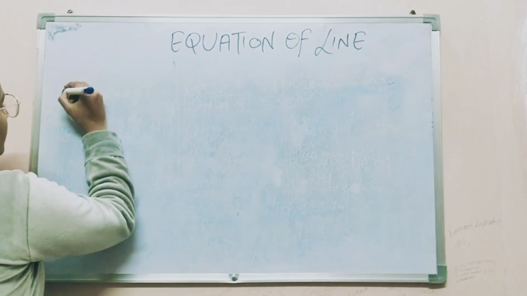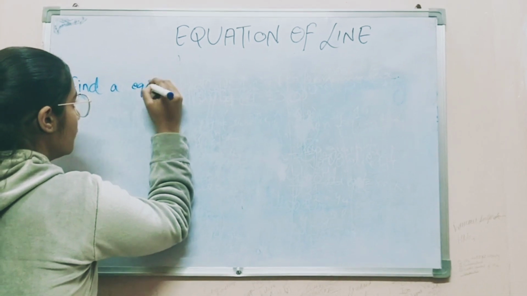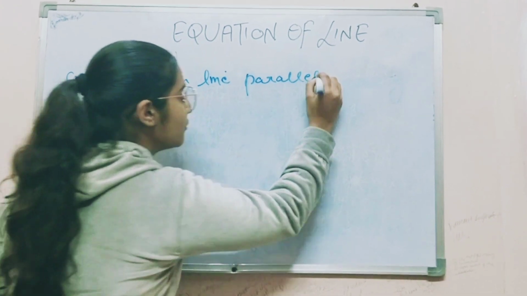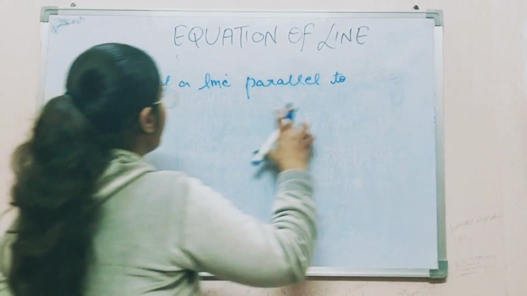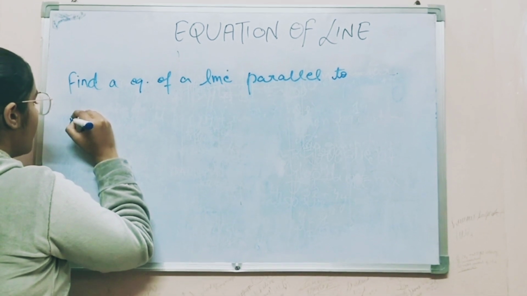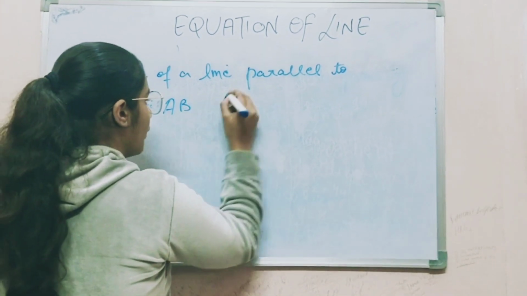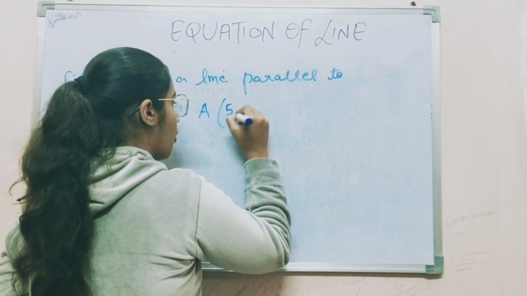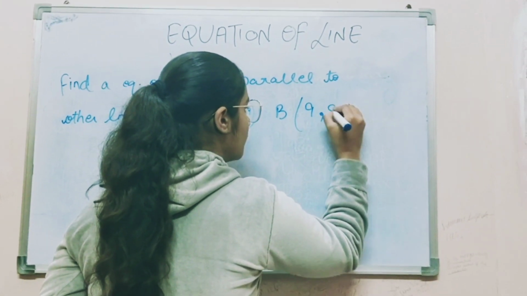So they can give us a question: find the equation of a line parallel to another line AB, and the coordinates of A are 5, 4, and coordinates of B are 9, 8.